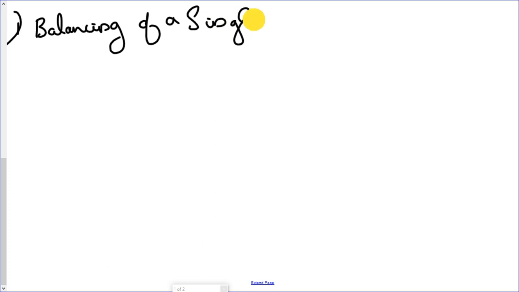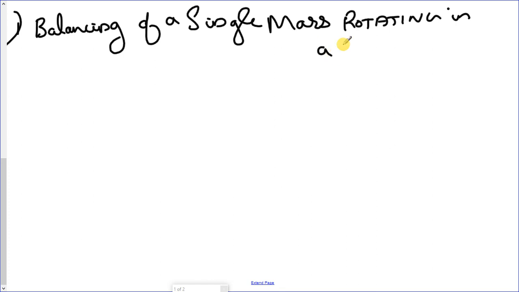So, balancing of a single mass system rotating in a shaft.